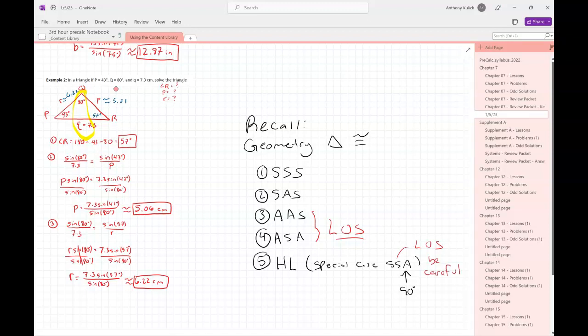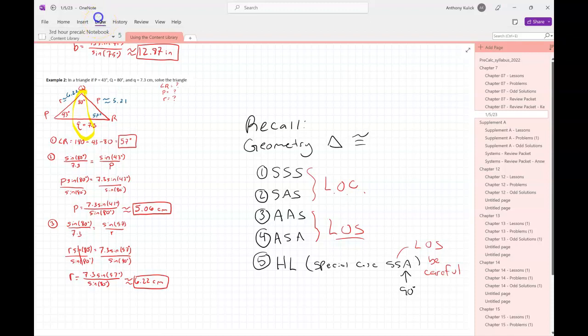We have to be very careful if we're in an SSA situation. And these two are law of cosine situations, and we'll deal with those when we talk about the law of cosines here in a bit. So far, so good?